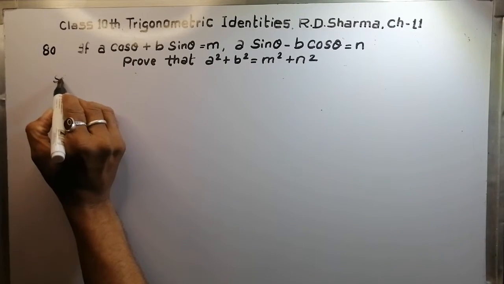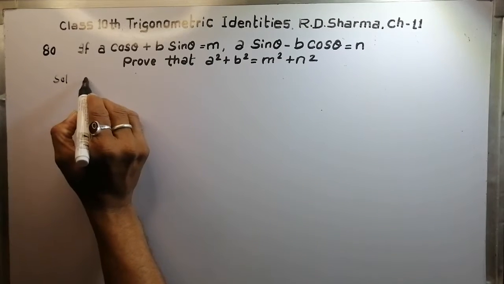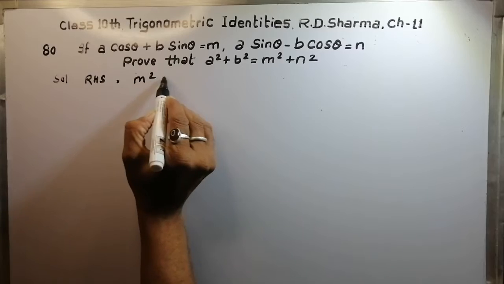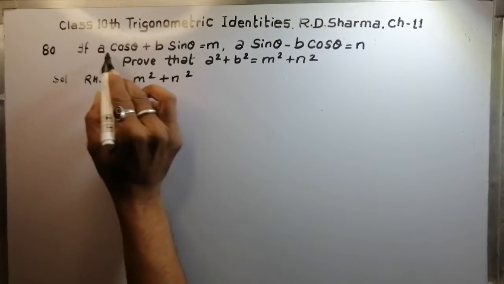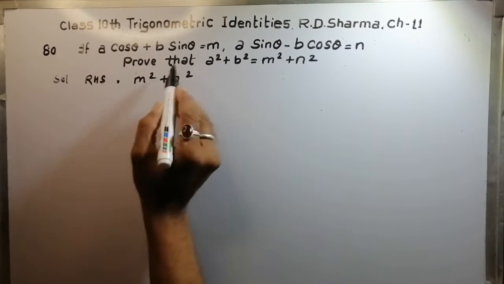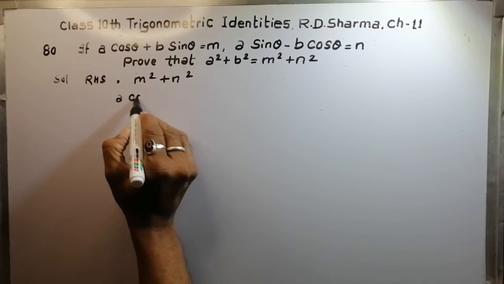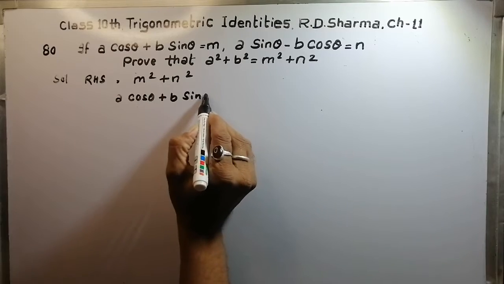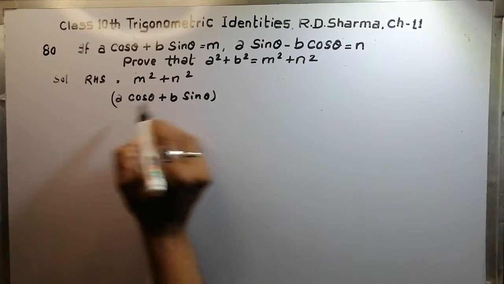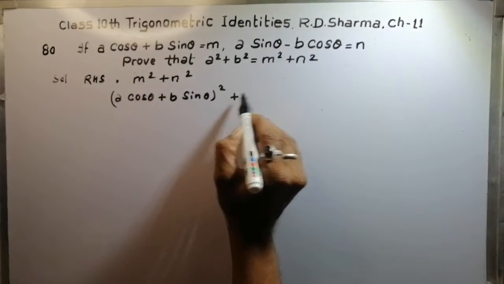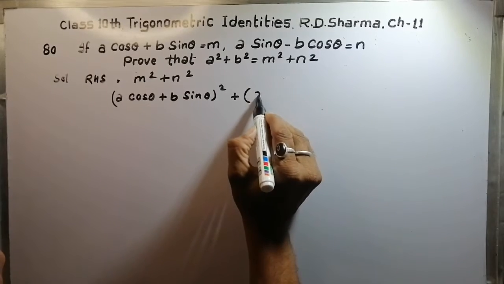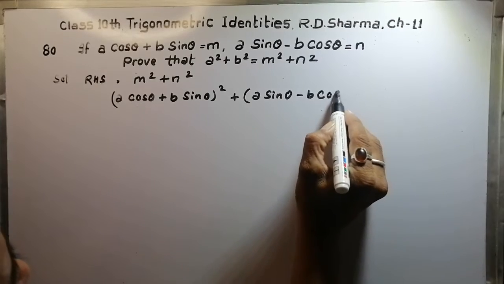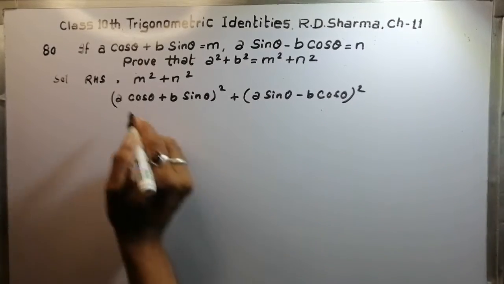So in this question, if you take the term of right hand side, which is m square plus n square, according to this term, we can write m square as a cos theta plus b sin theta whole square, and n square we can write a sin theta minus b cos theta whole square.